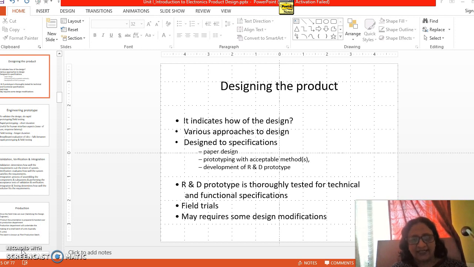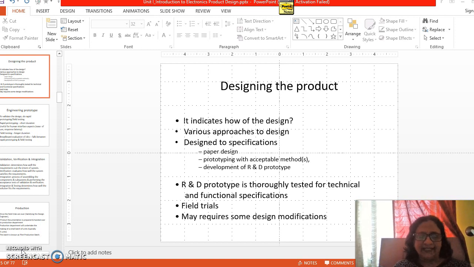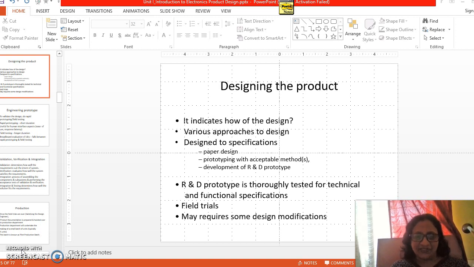Now this prototype is thoroughly tested for technical and functional specifications. A lot of field trials are taken, and after this the design may require some modifications. So modifications are performed on this initial design.